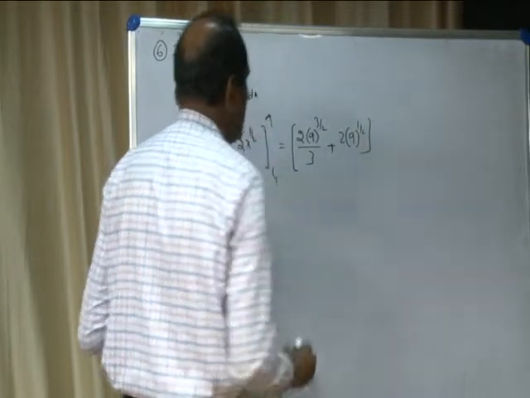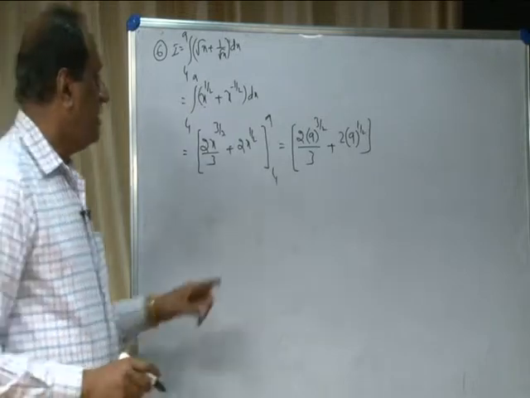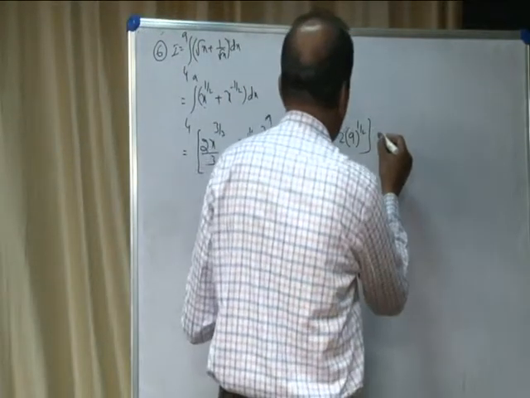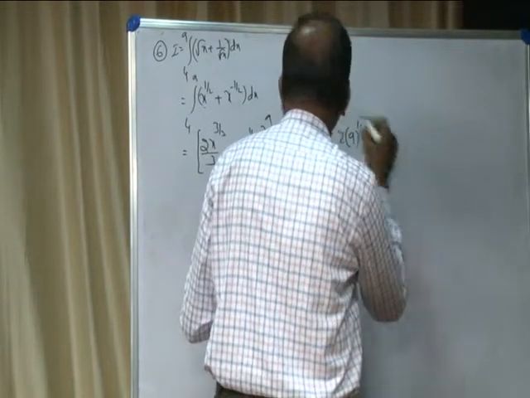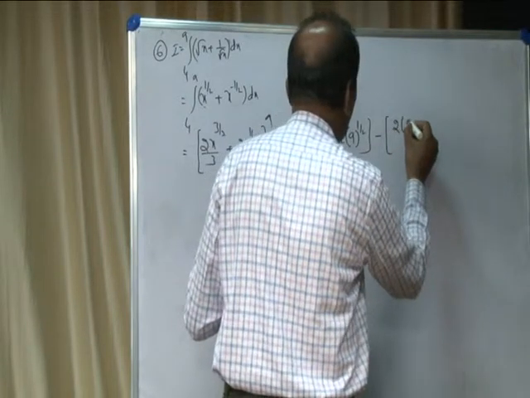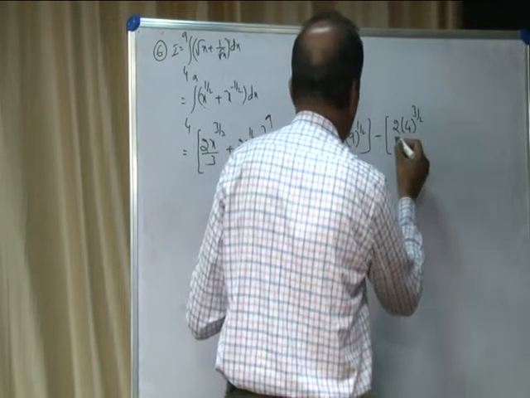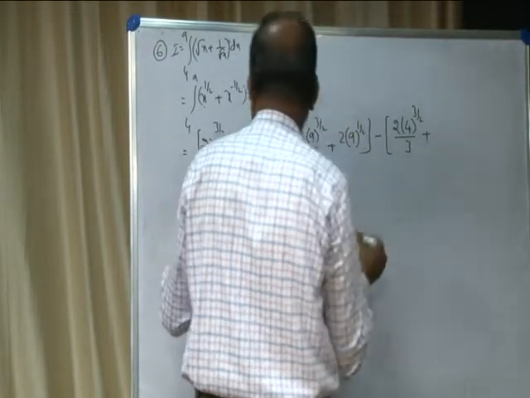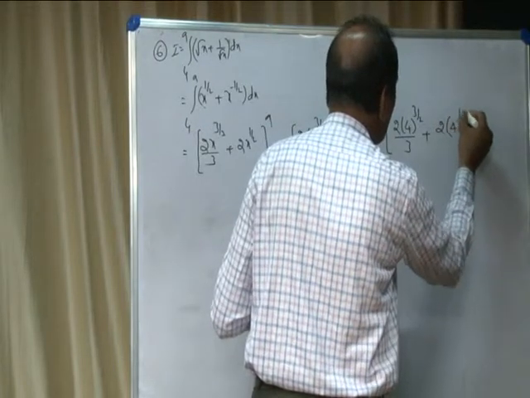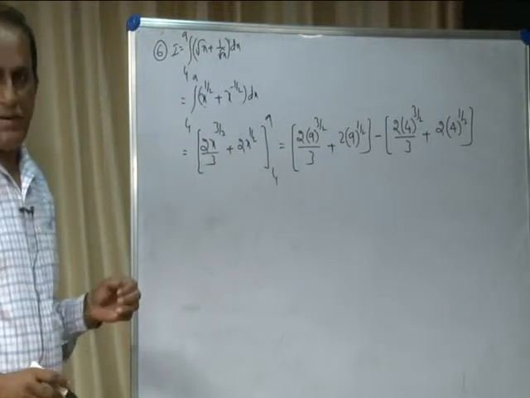Close the big bracket, that is upper limit applied, putting x is equal to 9. Now put x is equal to 4, minus: 2 into 4 power 3 by 2 by 3, plus 2 into 4 power half. So upper and lower limits are applied.